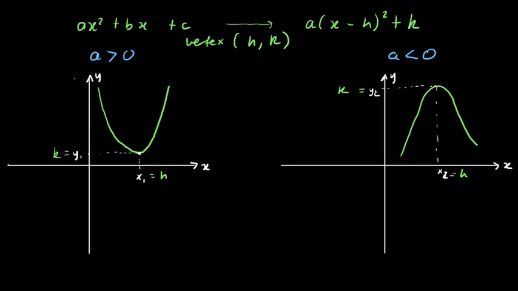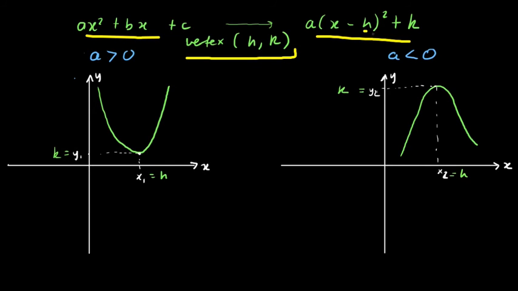So when you change from the standard form to the vertex form, the minimum or maximum value of the parabolic equation is determined by h and k.